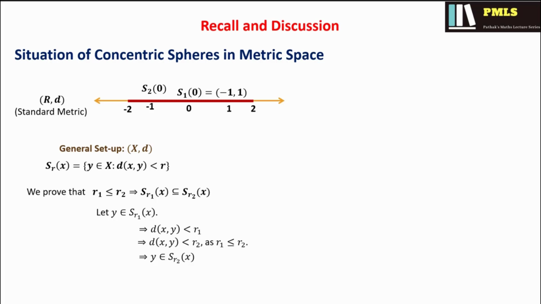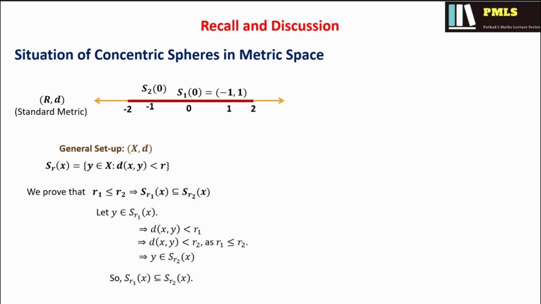And therefore, we have taken a point y in S(r1, x), and we have proved that y belongs to S(r2, x), and it proves that S(r1, x) is a subset of S(r2, x). So if we are considering two concentric spheres, then we can very easily see that the sphere with the smaller radius is a subset of the sphere with a bigger radius.